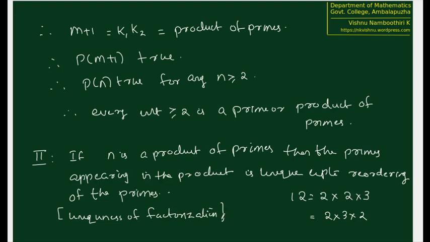In fact, I forgot to mention that the first part is actually the existence part, where we are proving that n can be written as the product of primes if n itself is not a prime, and the second part is the uniqueness part. So the fundamental theorem of arithmetic has two parts. One is the existence of product of primes, and second is the uniqueness of the primes. So it has two parts. We are going to the second part. We are going to use induction once again here.